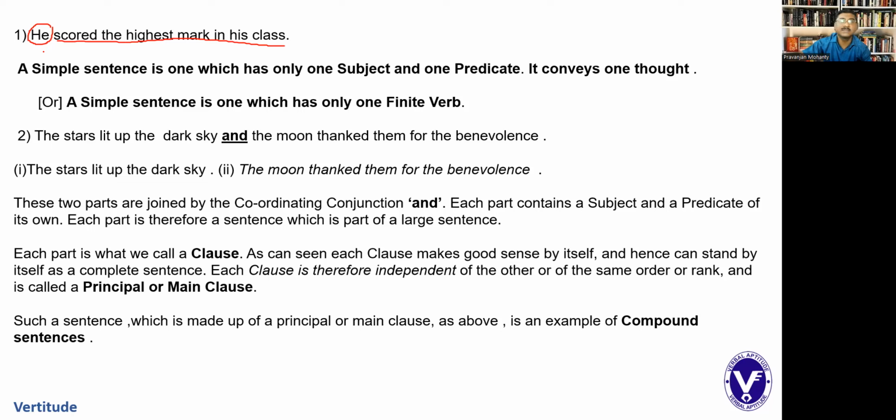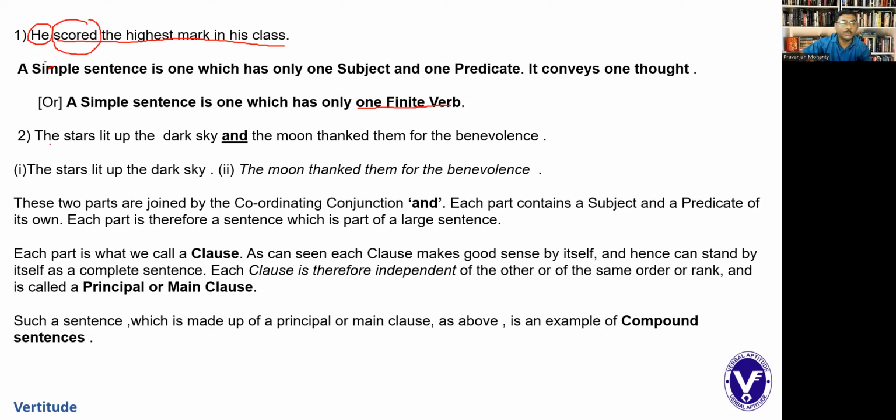Simple sentence. Got it? It will have one subject and one predicate, or it conveys one thought, or a simple sentence is one which will have only one finite verb. So as you can see, there is only one finite verb, scored. When it says he scored, that's one finite verb, right?